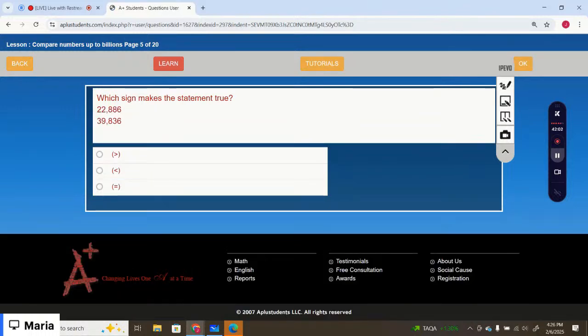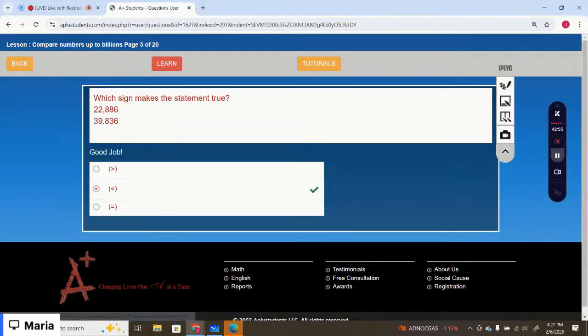Which sign makes the statement true? Less it is. 22,886 is less than 39,836.